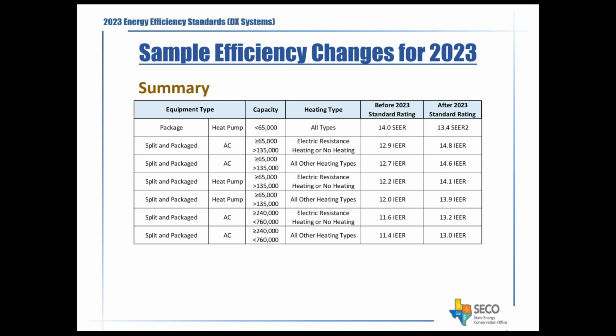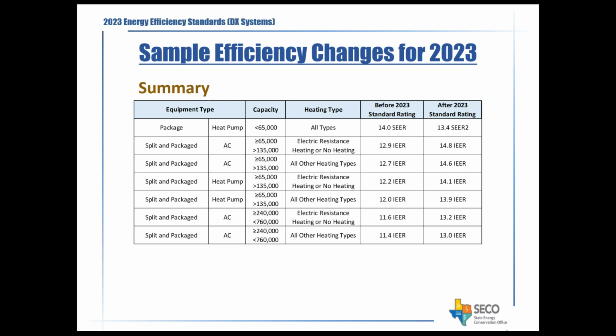So basically, if it's a package unit heat pump, it is less than 65,000 BTUs capacity. No matter what type it is, before 2023, it used to have a minimum, this is 2018, basically, a SEER of 14, but after 2023, it needs to have a standard rating of 13.4 SEER2.